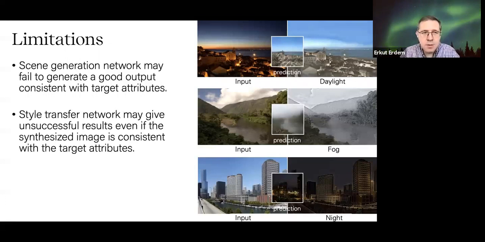But in some cases, the scene generation network may fail to generate a good output as well. So the output may be inconsistent with the given target attributes, especially for the night scene. We observed that using just the semantic layout is not enough. You need to provide some additional information about the scene elements that you expect to pop up under this night.